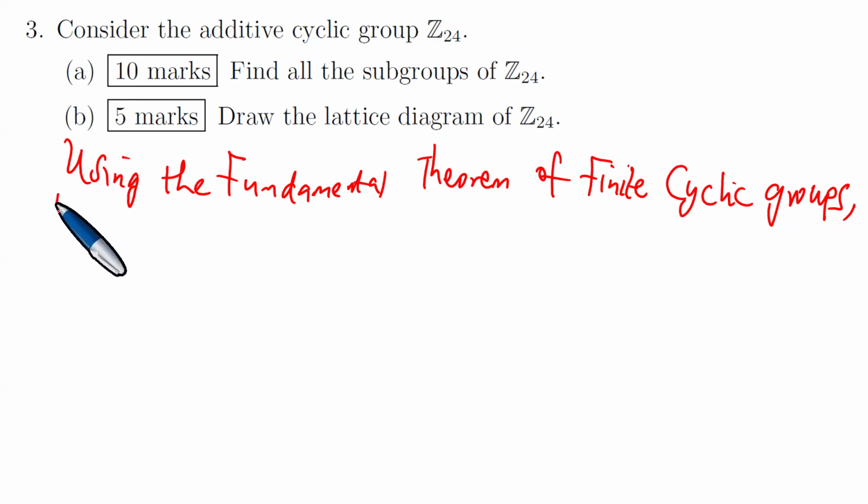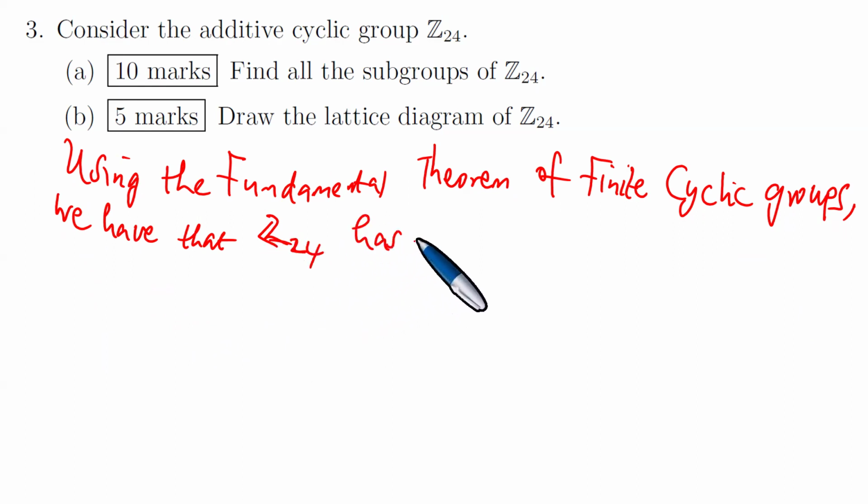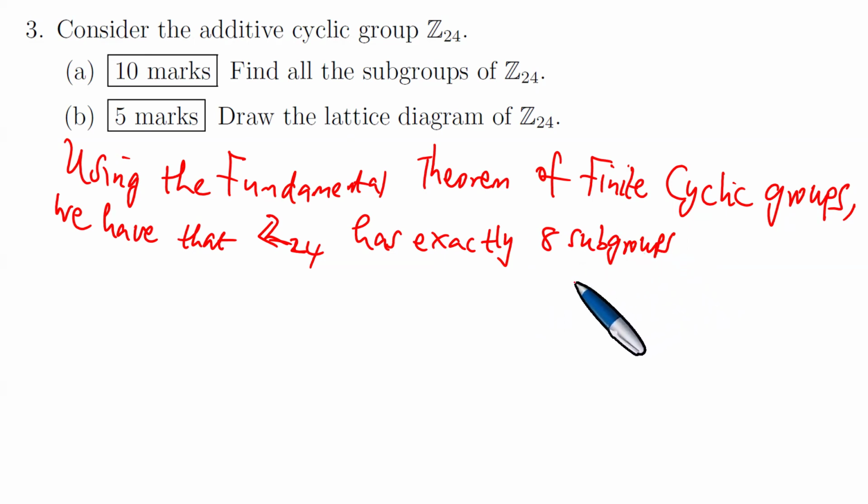We have that Z24 has exactly 8 subgroups of orders the positive divisors of 24.